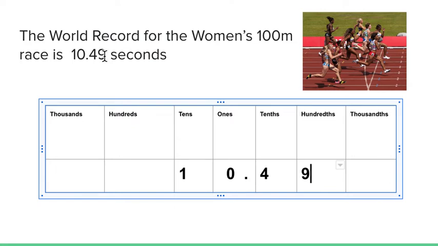When we say decimal numbers, just so you know, the smallest amount that you have is what you call the decimal number. So if this was just 10.4, it would be 10 and 4 tenths. But because I have 49, we call it 49 hundredths. If I were to add a 1 here to the thousandths column, then we would have 491 thousandths.